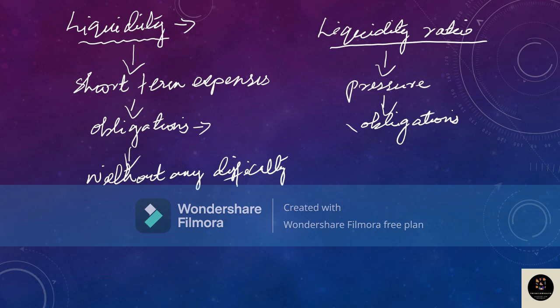As I already mentioned, obligations are like an assurance or a promise to repay any kind of debt in the future.